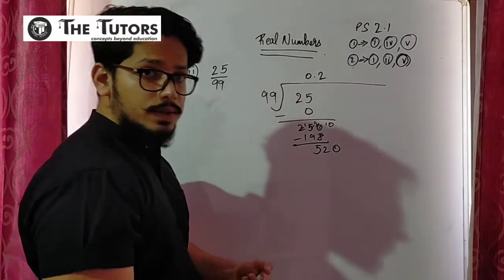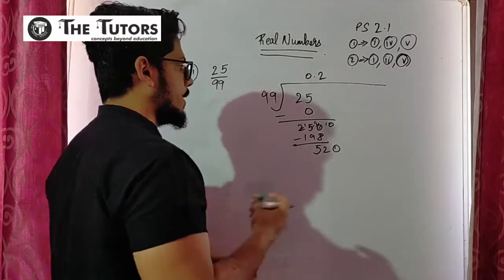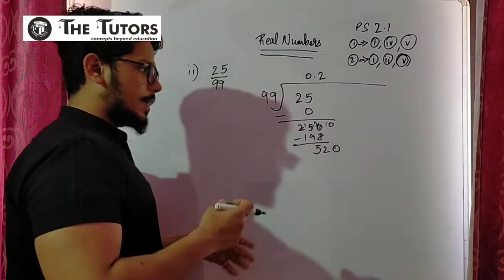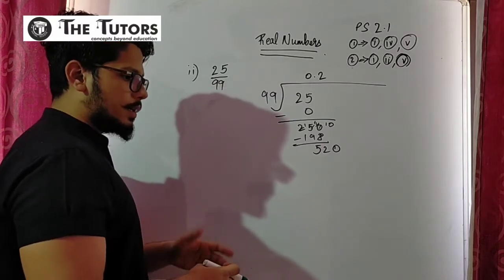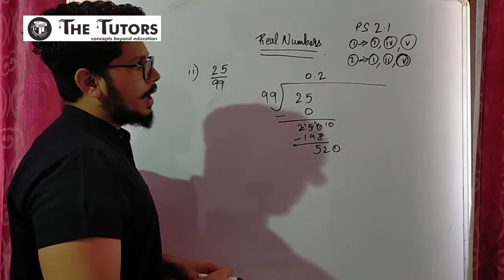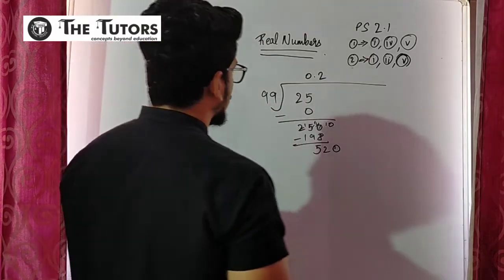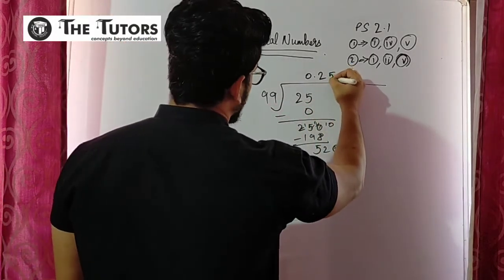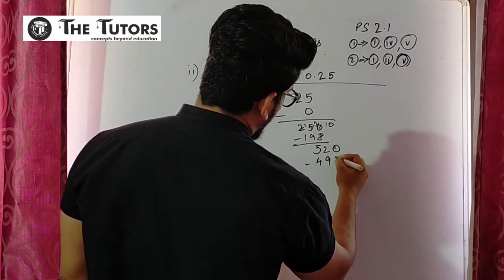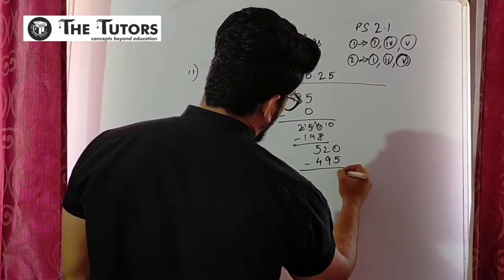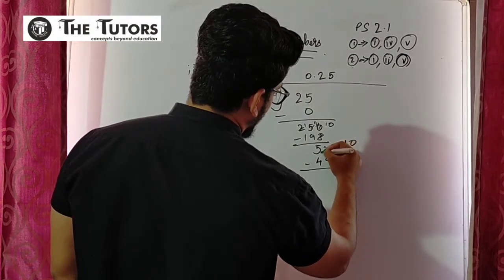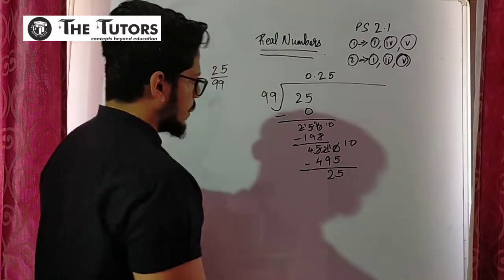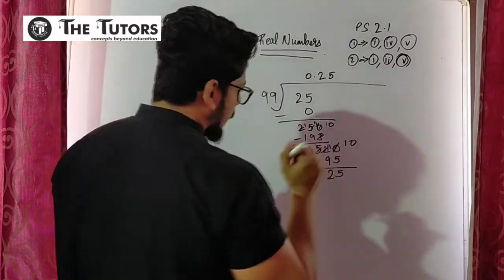Then you have 520. 99 fives are 495. 520 minus 495 is 25.